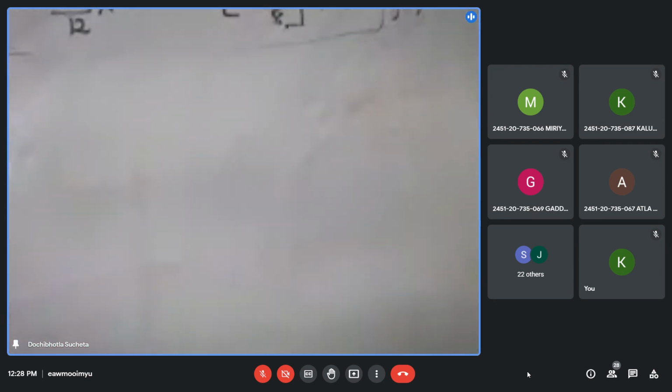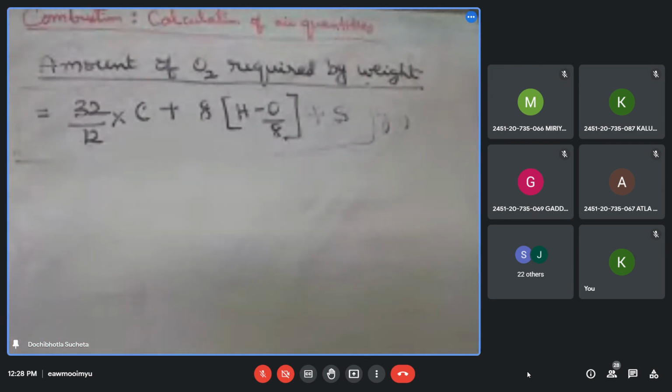Units are grams. This is the formula, kids. Please do write it.